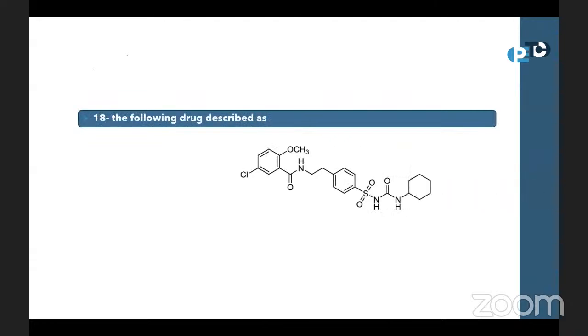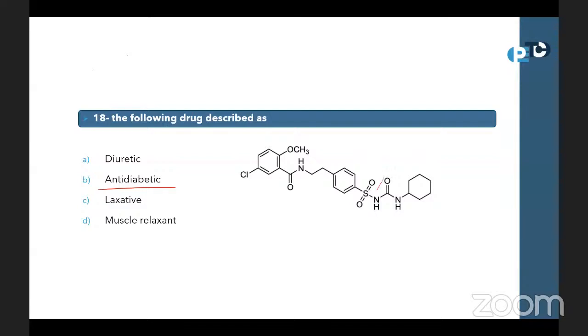The next one. About this structure, the following drug is described as. Okay, how can we know the structure? Is it a diuretic, antidiabetic agent, laxative, or muscle relaxant? B. Antidiabetic agents, sulfonylurea.